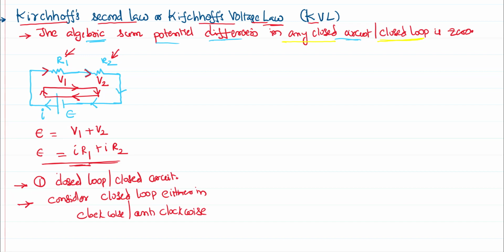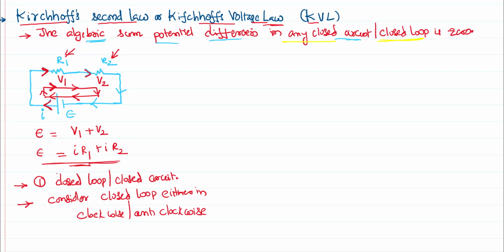So you can see this is the clockwise direction you have chosen, and this is how the current is passing. In the resistance R1, current is passing in the same clockwise direction that I have chosen.